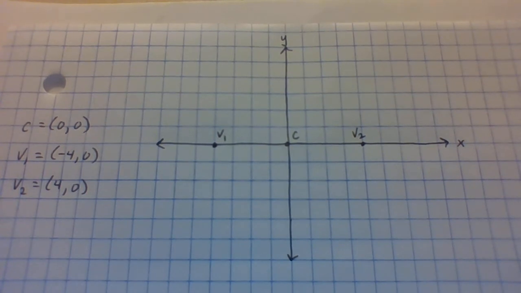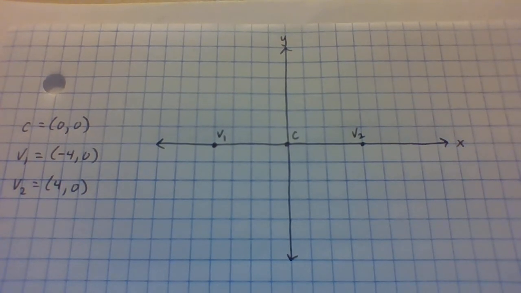Our x-axis would be our transverse axis. Now, before I plot anything else, I'm going to draw my asymptotes on here. That's going to give me a nice indication as to where my hyperbola is going to sit on my graph. Remember that you are drawing your asymptotes from the center.